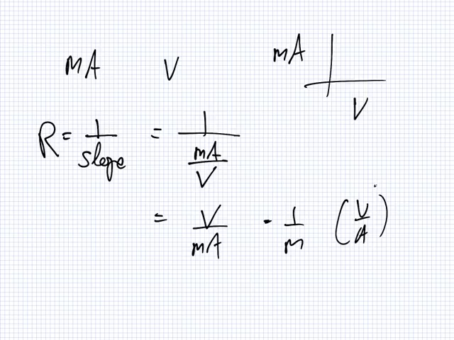What's volts over amps? Volts over amps, think about it, V=IR, resistance, so it's 1 over milli ohms, which is kilo ohms.